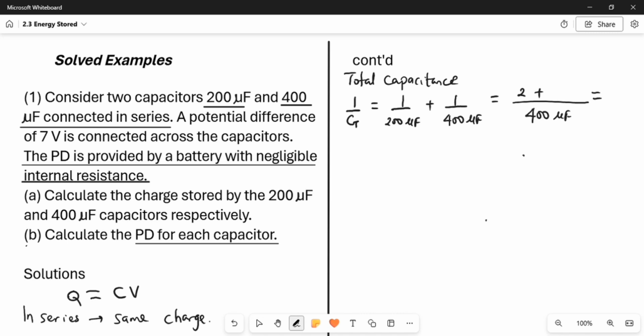So we have this is equal to 3 all over 400 microfarads. That leaves us with the total capacitance as 400 microfarads divided by 3, and that leaves us with 133.33 microfarads.